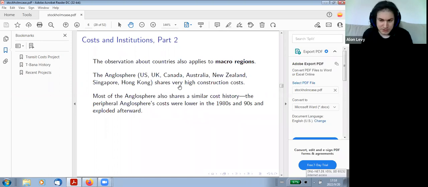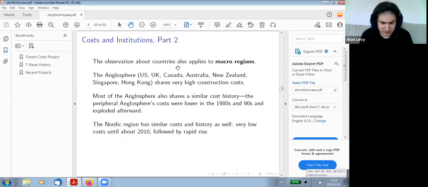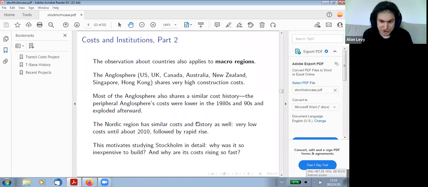Singapore was building cheaply in the 80s and 90s, and Hong Kong too, and for all of these three countries, the explosion is mostly a 2000s and onward effect. And this also includes Quebec. So Quebec behaves like the rest of English-speaking Canada. It's not exactly the language. And I bring all of this up because this will relate to the Nordic situation. Now, the Nordic region has cheap construction costs.